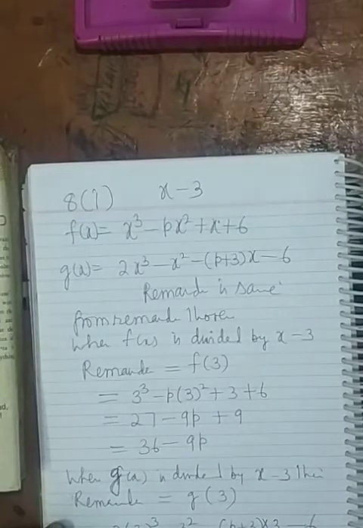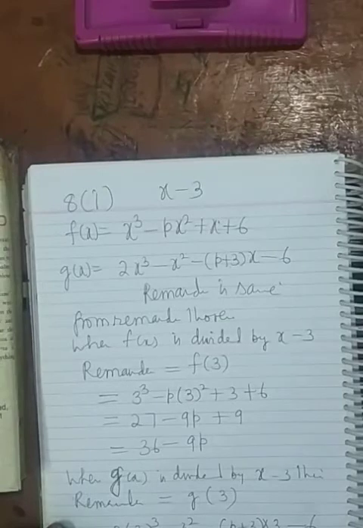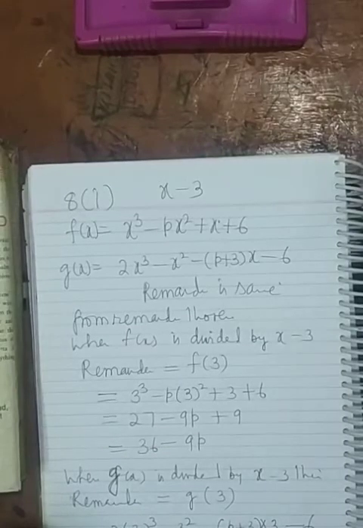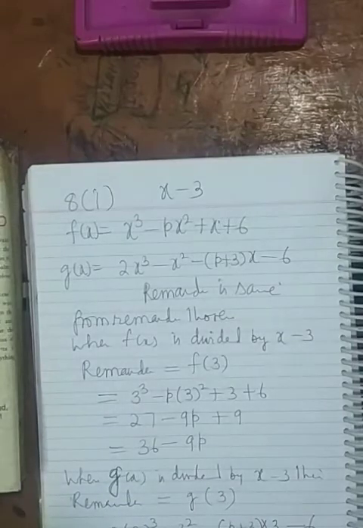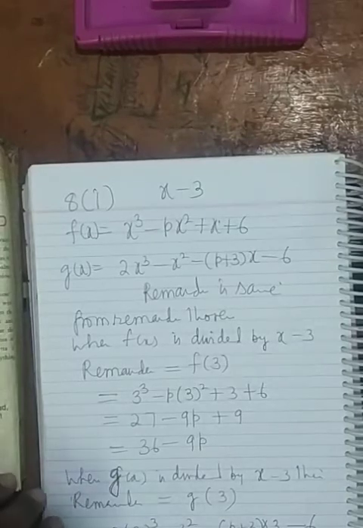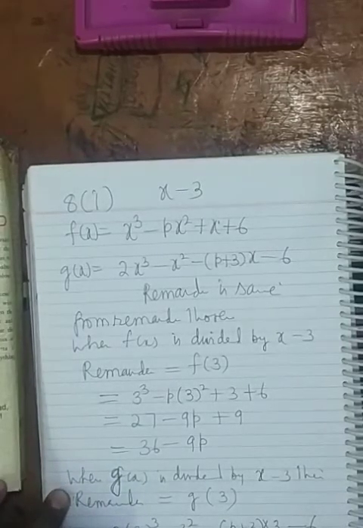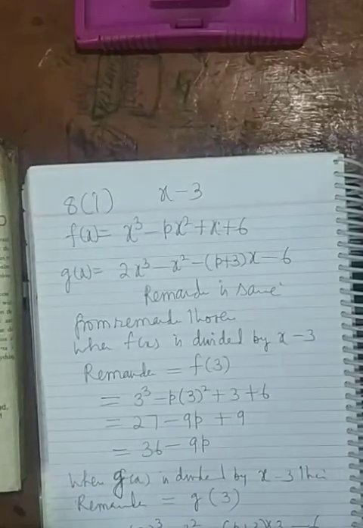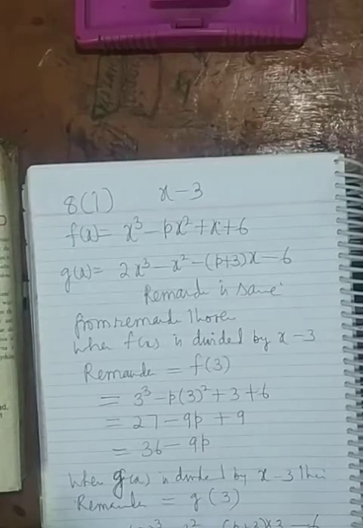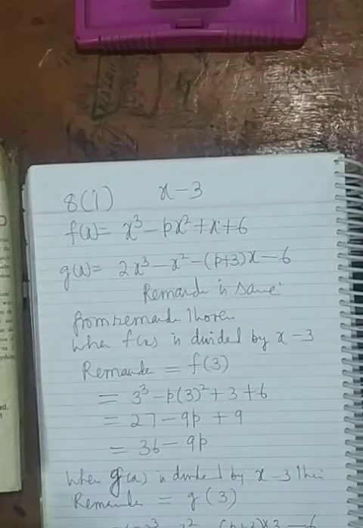So it is 54 minus 9 minus 3p minus 9 minus 6. Simplifying, this is not correct earlier: 3 times 3 is 9, so 9 and 9 is 18, and the total will be 30 minus 3p. It's clear?